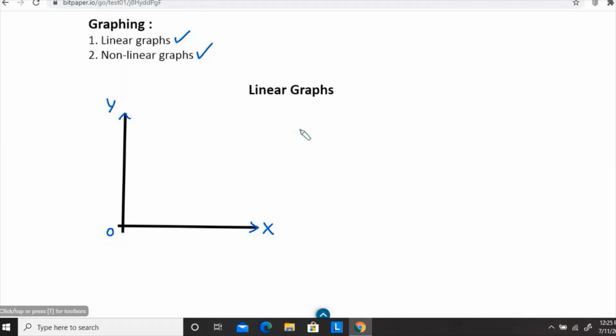Now, what is a linear equation or a linear relationship? Let's say that we have y and x variables. Now, if you recall, x variable is also known as the independent variable. And the y variable is called the dependent variable.